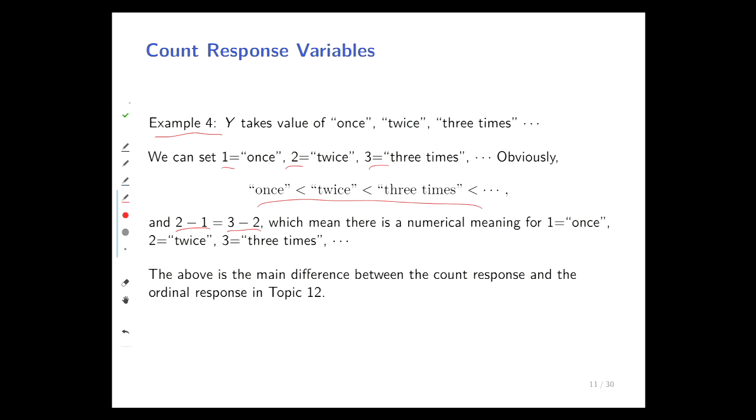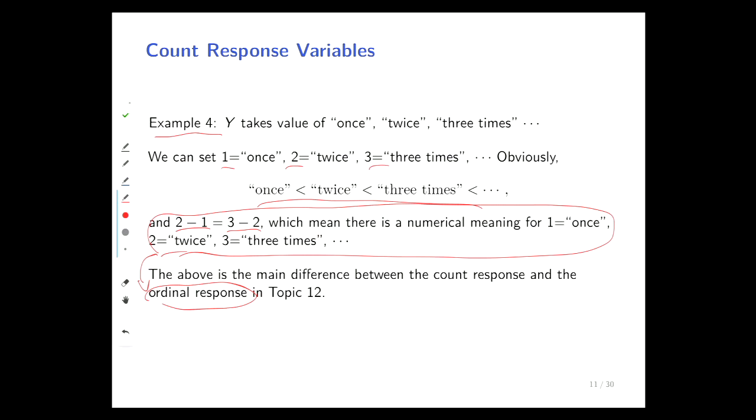So it's totally different. The ordinal response does not have this kind of property. So that's the difference between the count response and the ordinal response.